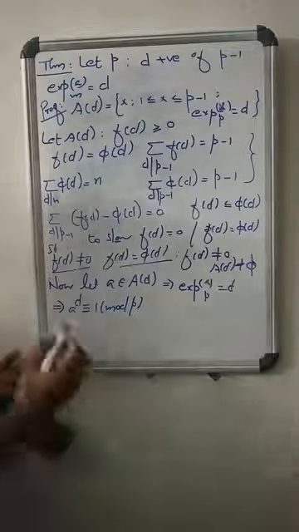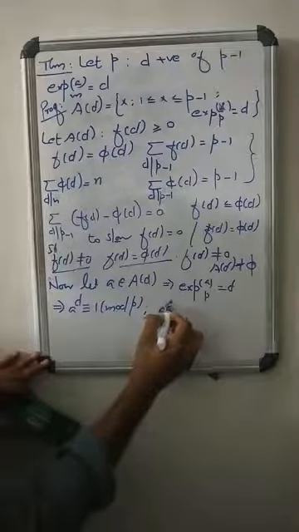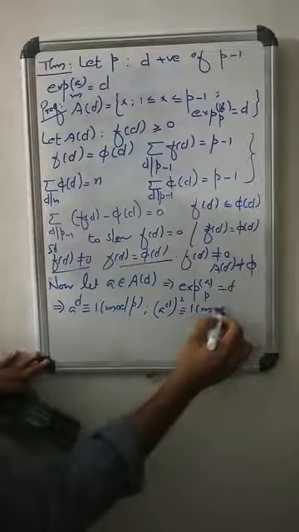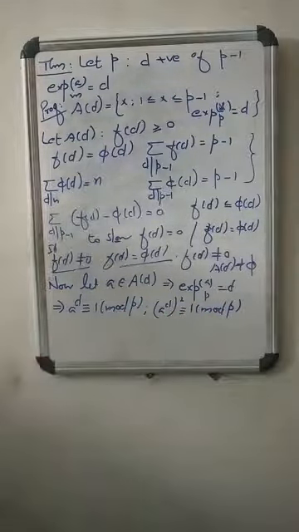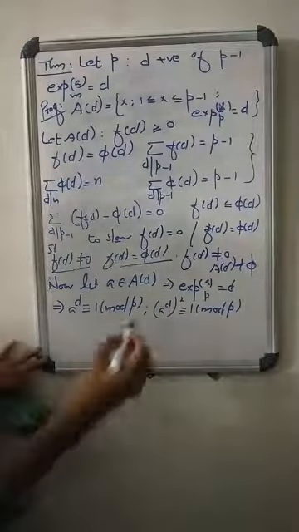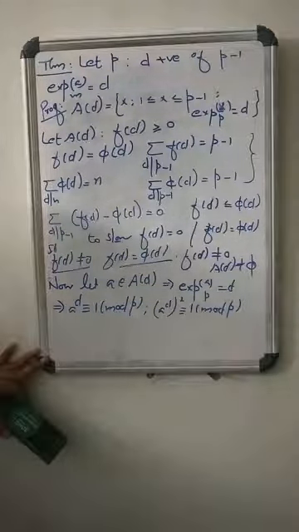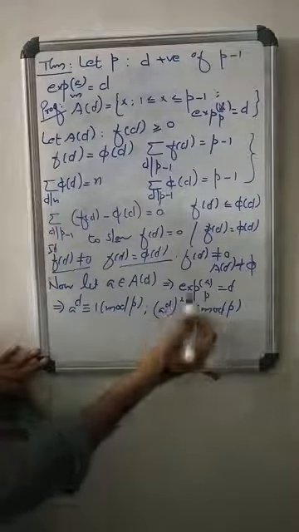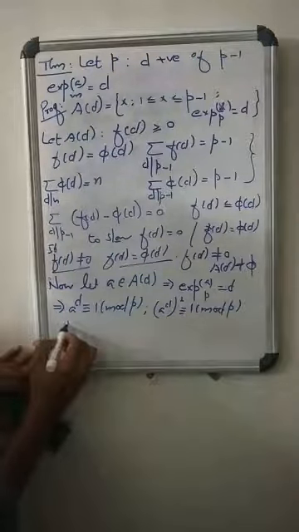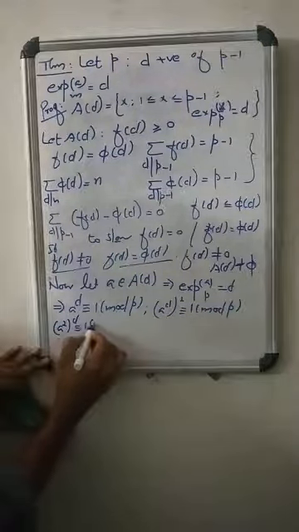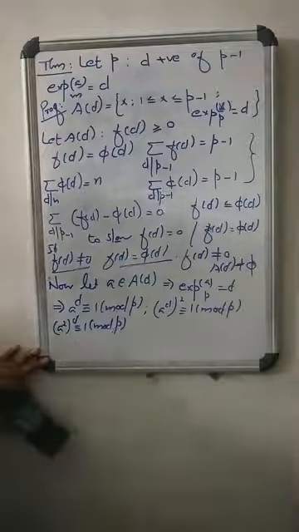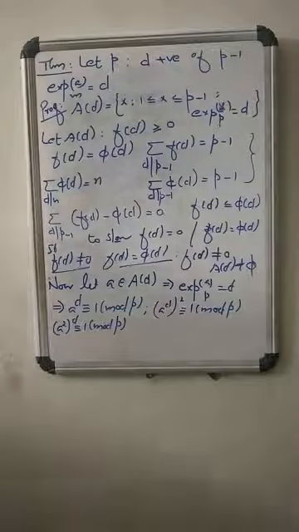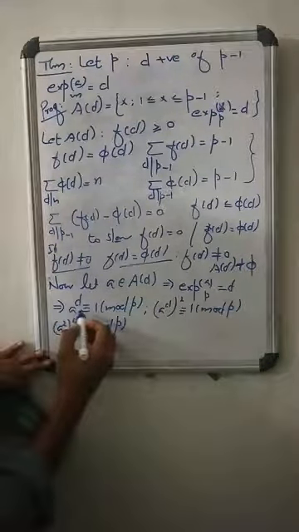Clear? When a power d is congruent to 1 mod p, what about a power d whole square? It is also congruent to 1 squared mod p, that is 1 mod p. That means a squared all power d is congruent to 1 mod p.